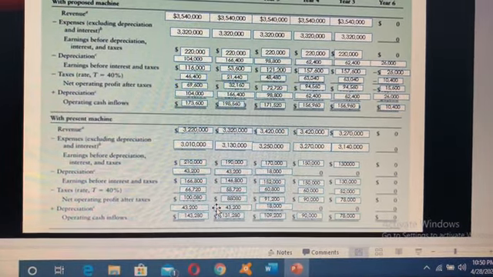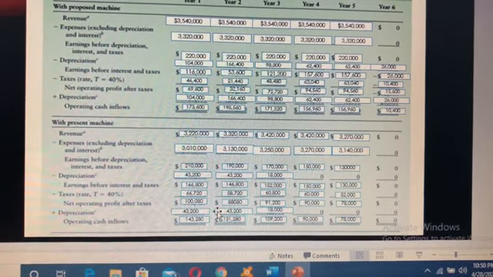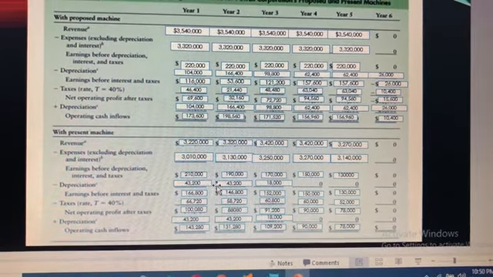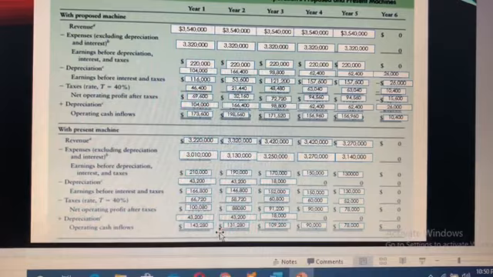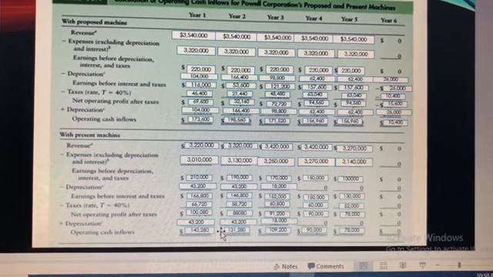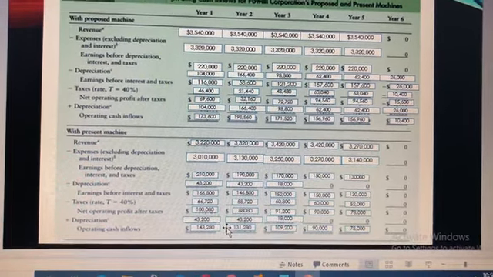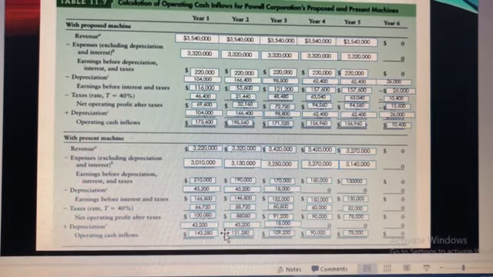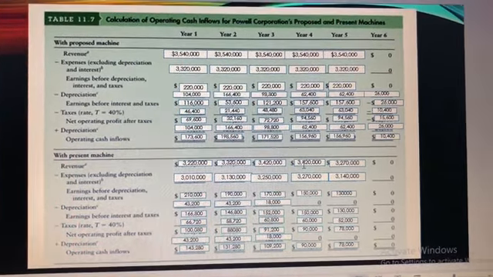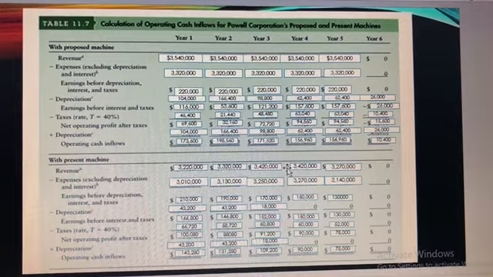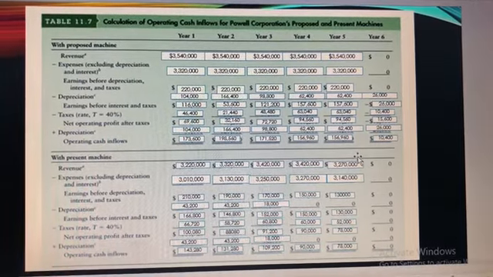And we're gonna add our depreciation of 43,200, which is the same depreciation as up here, and that's gonna give us our operating cash inflows of 131,280. And we do the same for year 3, year 4, year 5, and year 6.